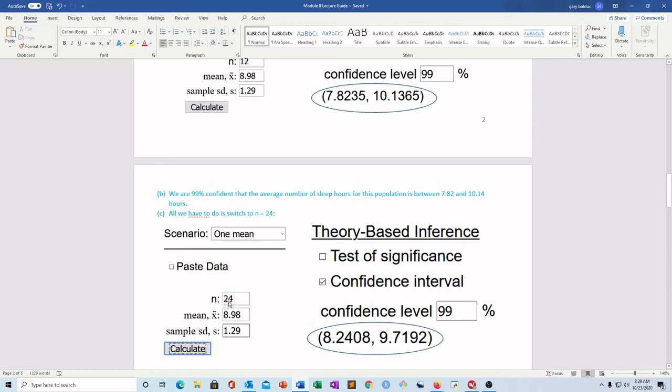So if I want to take my margin of error smaller, smaller, smaller, I can try to increase my sample size. The bigger the sample, the better in terms of trying to shrink your confidence interval as much as possible. It's just that you have to balance that with other things. It's more costly to do a larger sample in many ways, more time consuming in many ways, so this is the balance you have to strike.